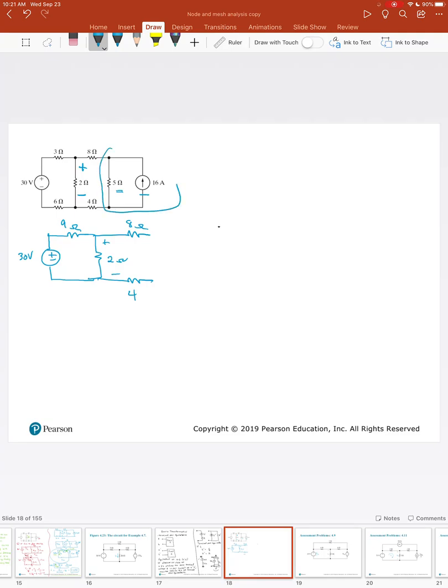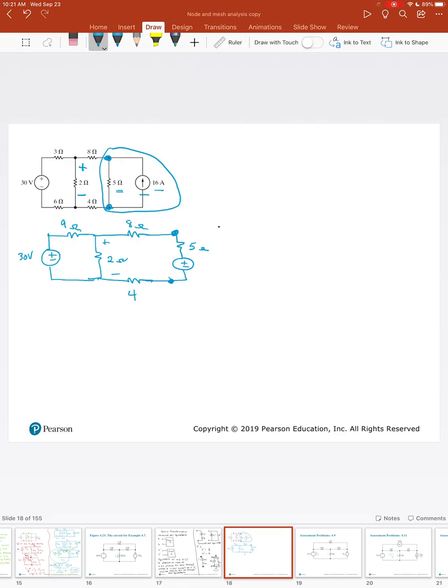And now what I want to do is replace this parallel combination of the current source and the 5-ohm resistor with a voltage source in series. So what you do is you find your terminal pair, and then you find it in your new circuit. It is between these two terminals that you're going to have your replacement of a resistor in series with a voltage source.